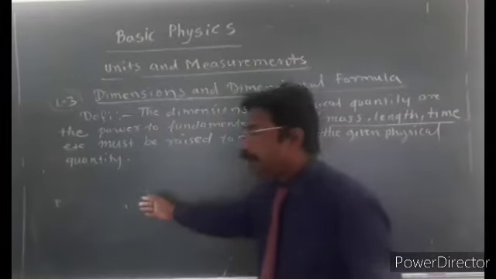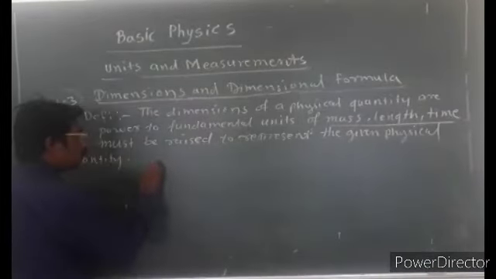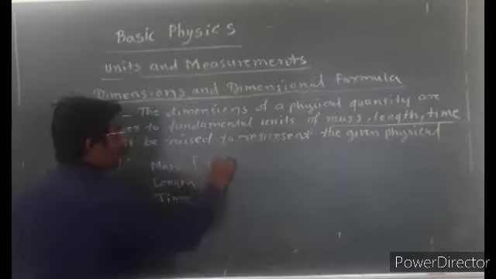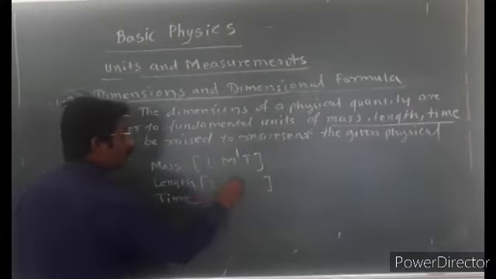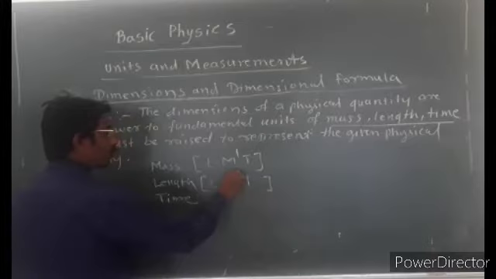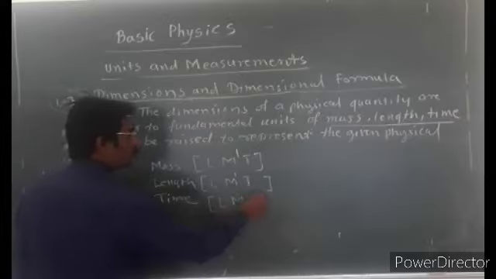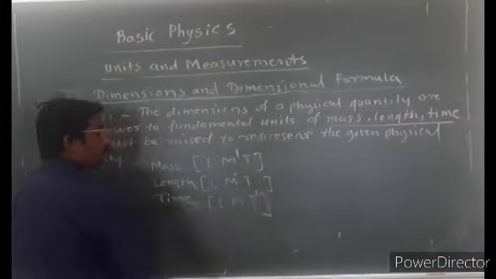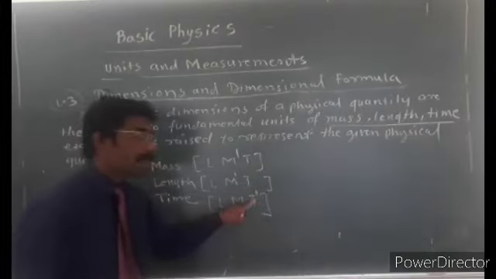So these are the dimensions of length, mass, time. Suppose that this is mass, length, time. L, M, T: L1 in case of length, M1 in case of mass, and in case of time, T will be raised by 1.